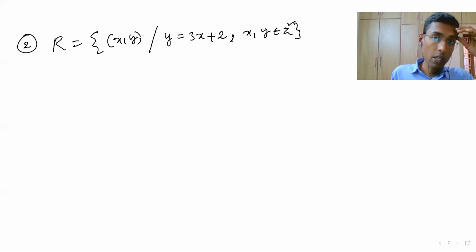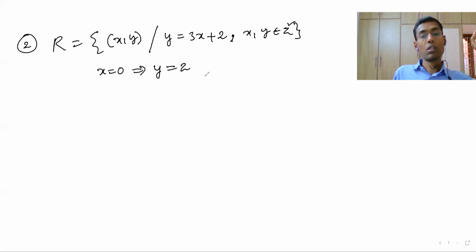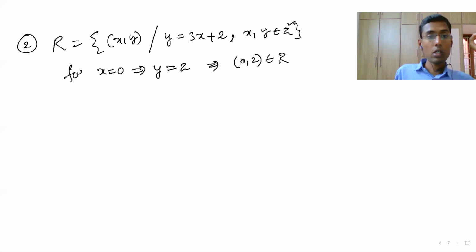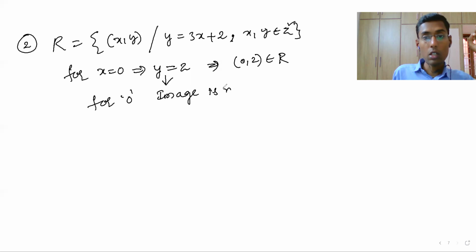So now what I am saying is, if you take x equal to 0, what is y? Y equal to 2. So for 0, what is the image? 0 comma 2, and 2 belongs to Z. So for 0, the image is not 0, but 2.